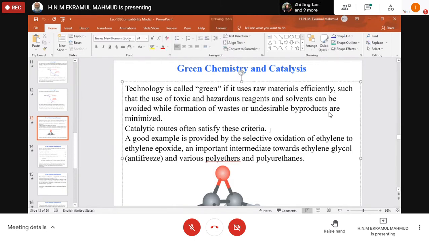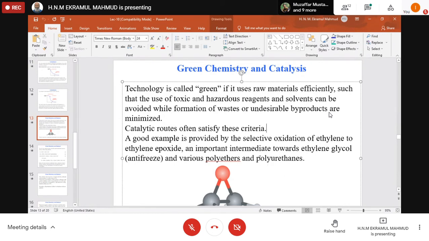If we use a catalyst, you can minimize the formation of undesirable waste or byproducts. We will see that example. A good example is provided by the selective oxidation of ethylene to ethylene epoxide, an important intermediate towards ethylene glycol, which is used as an antifreeze, and various polyethers and polyurethanes.